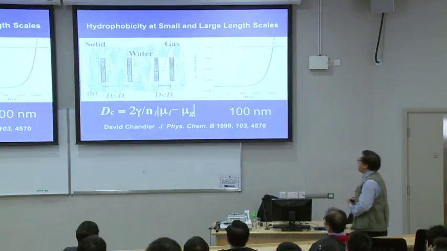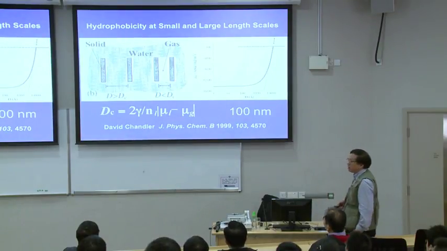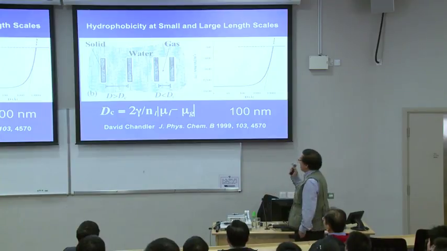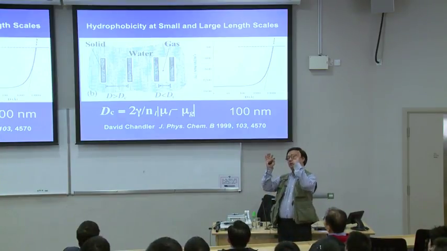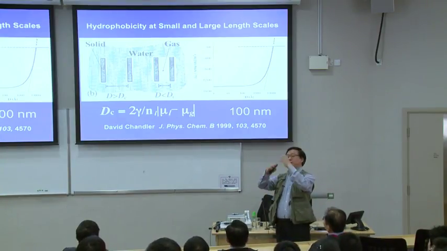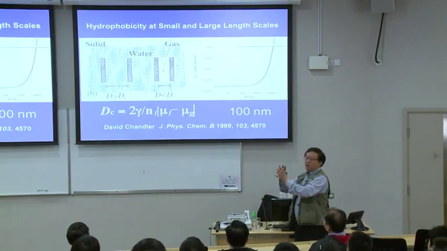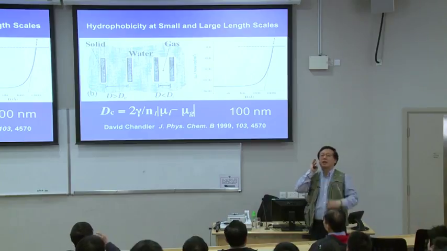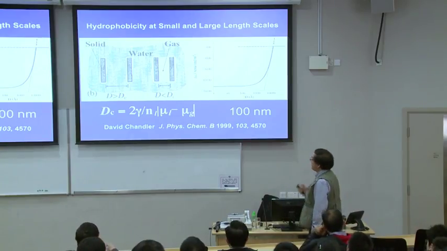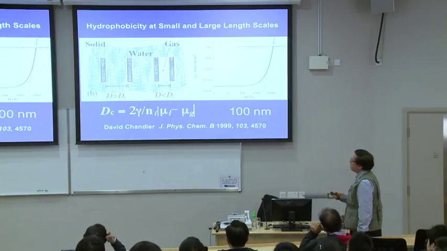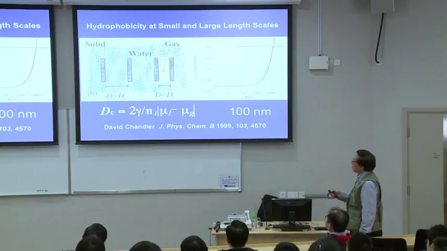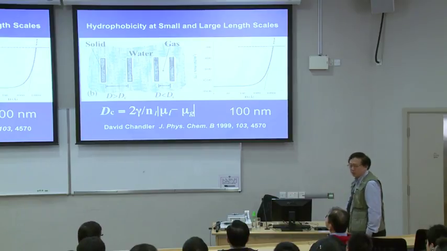In 1999, David Chandler did a simulation. He wanted to simulate protein assembly. The driving force of protein assembly is the hydrophobic effect. So what he wanted to know is the critical distance between two hydrophobic solids where the water cannot enter the space between.